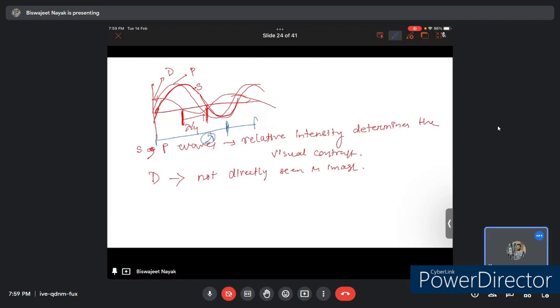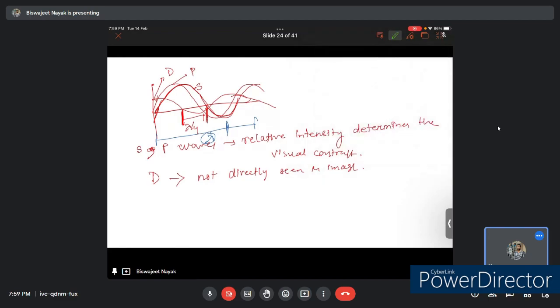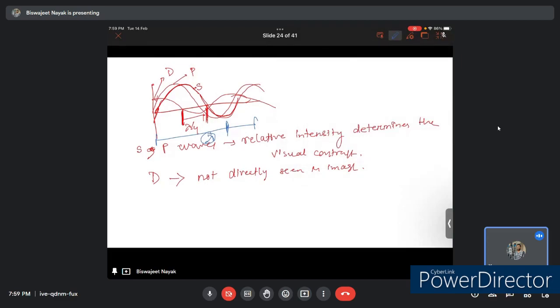Then this D wave is retarded from the S wave by a factor of lambda by 4.